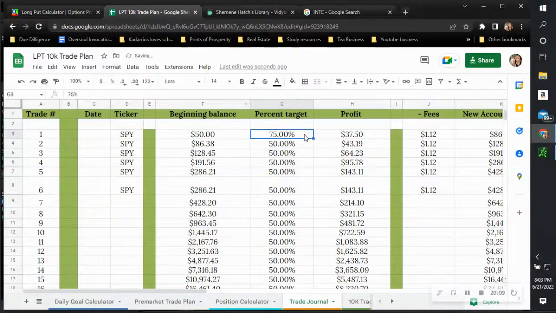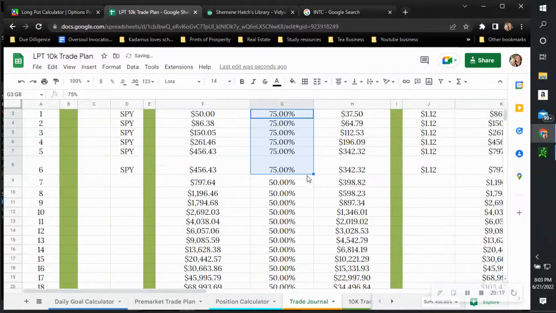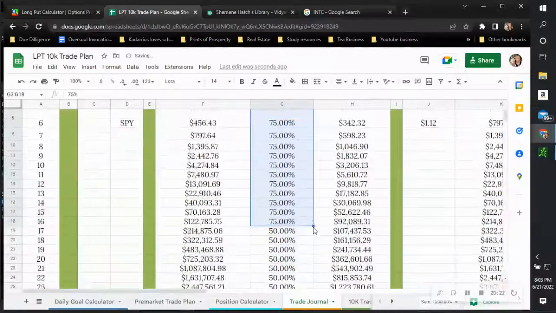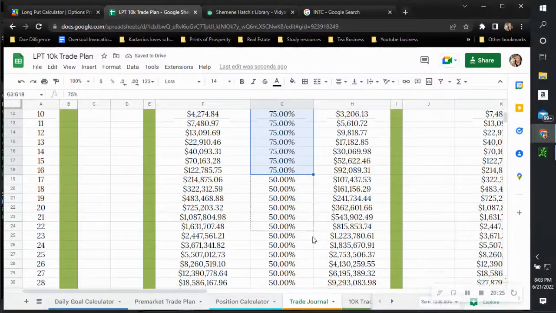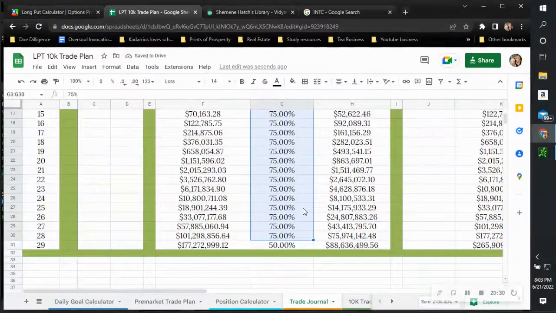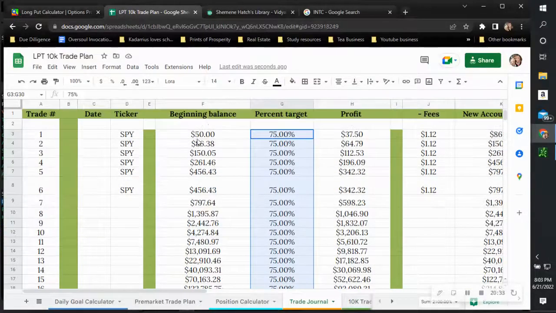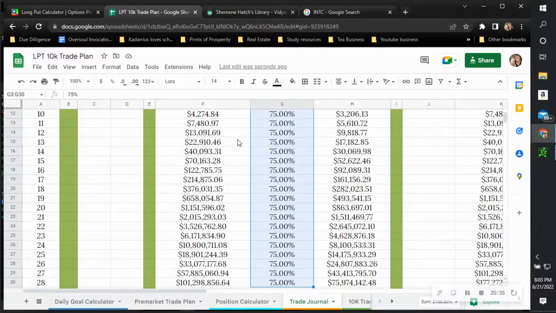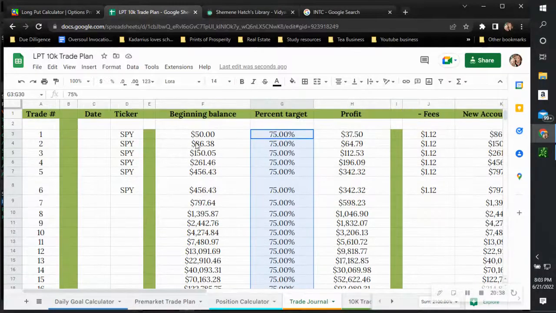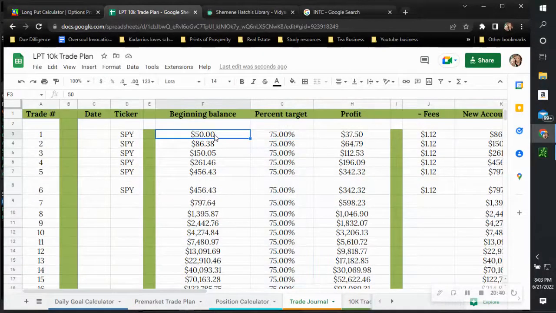Even if I do just 75% and do that for the entire month, which is normally about 21 trading days, I think July is 21, you can turn $50 into mega millions if you're reinvesting the entire amount. So if you start with 50 and you make 37.50 on the next trade, you have to put the entire 86.38 into that one trade.